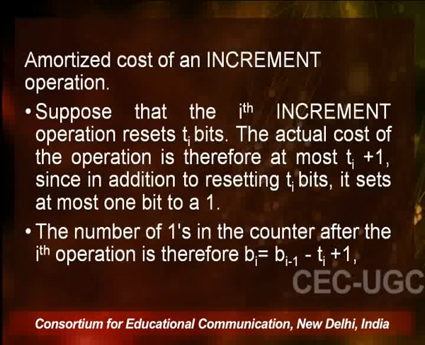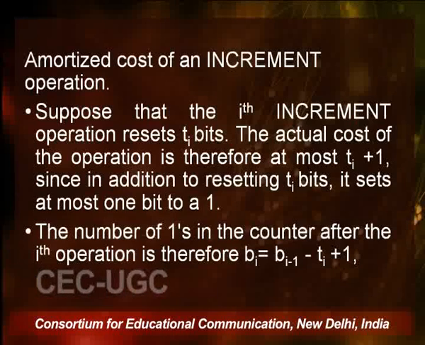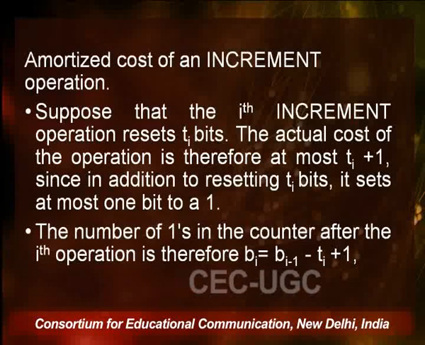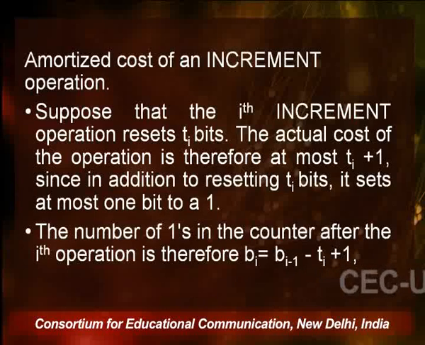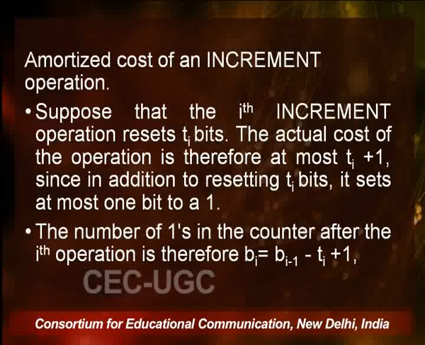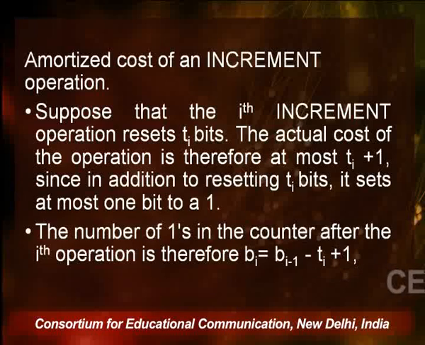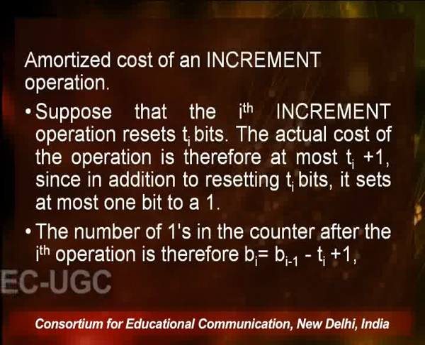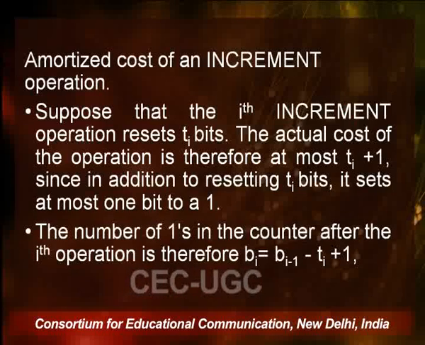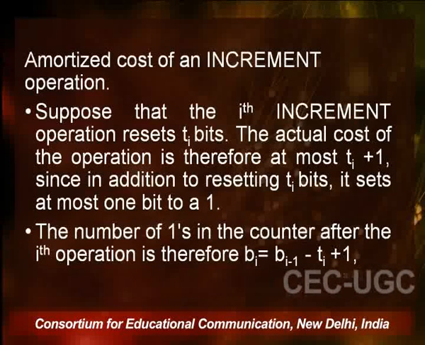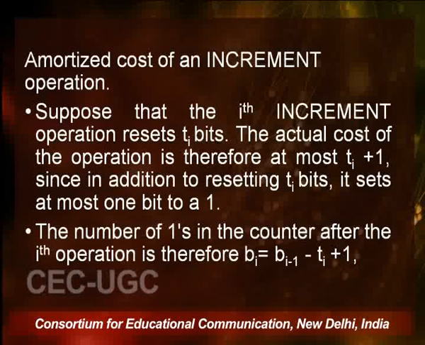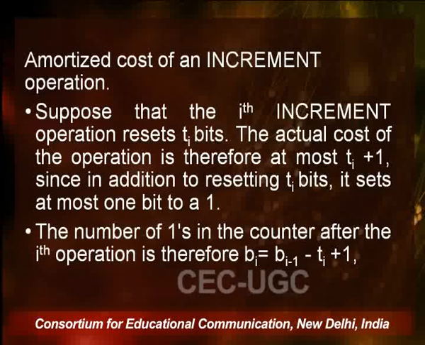If we look carefully, we can conclude that the number of ones in the counter after the ith operation is going to be what it was before the ith operation, minus Ti plus 1, because Ti bits are being reset and at most 1 bit is being set.